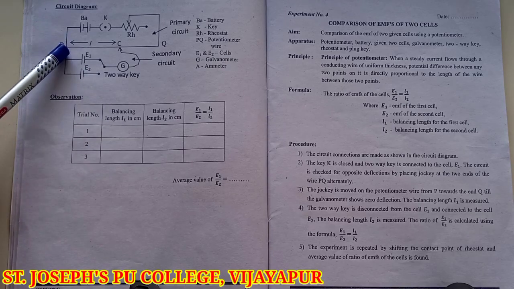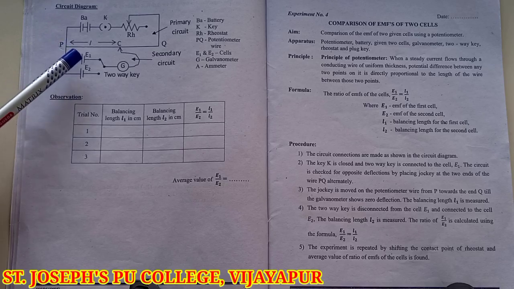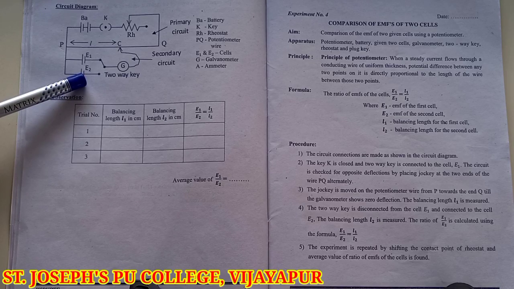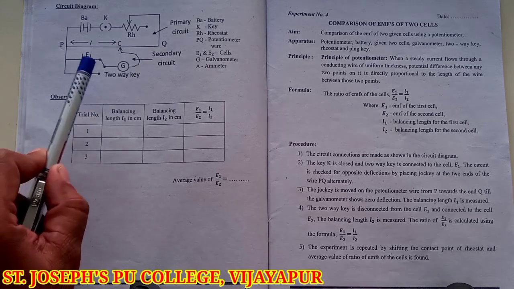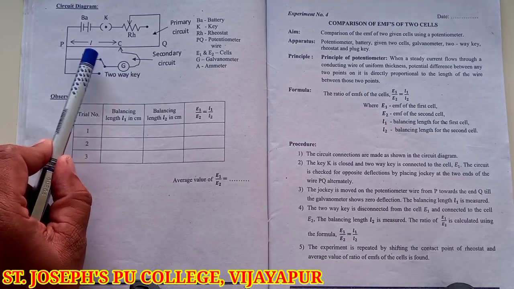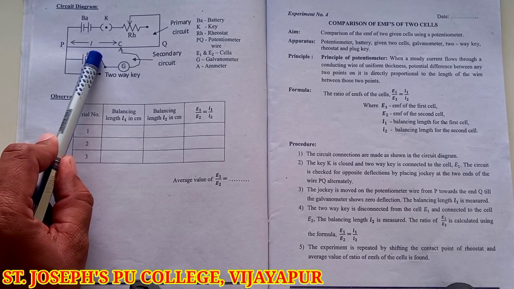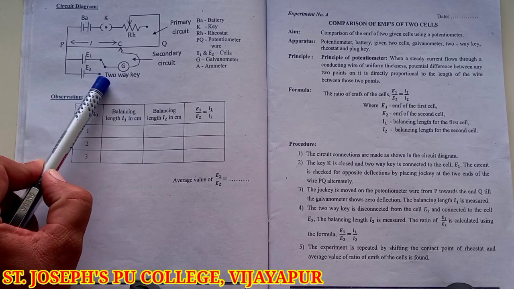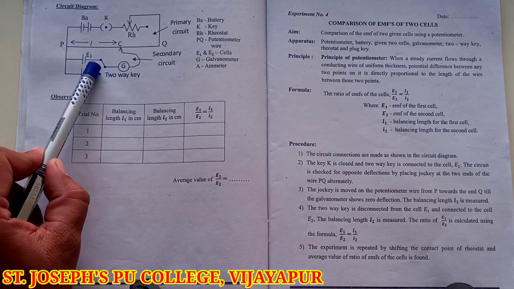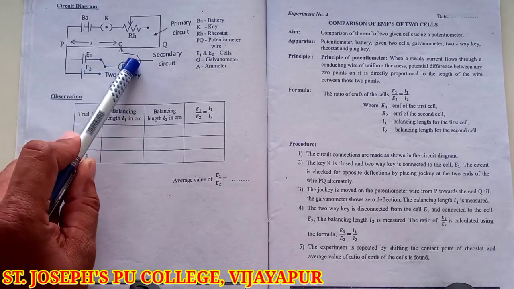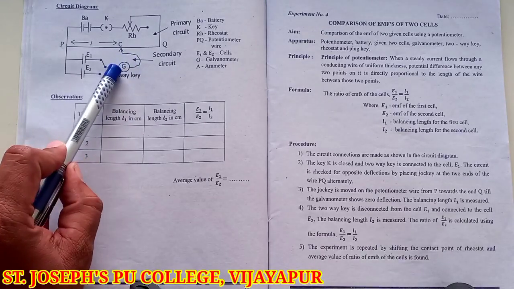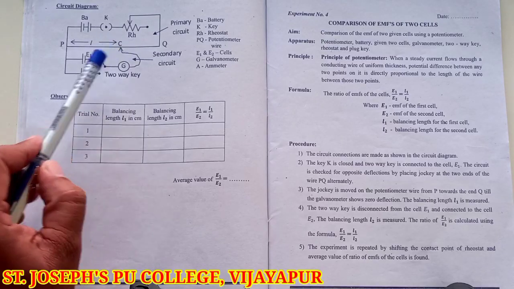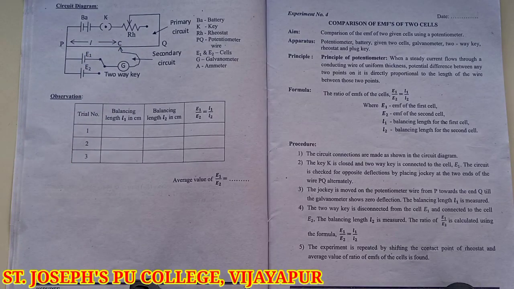So you have to take two wires, and one wire is connected to the cell 1 positive and another wire is also connected to the cell 2 positive, and the cell 1 negative is connected to one end of the two-way key, and the negative of cell 2 is connected to the other end of the two-way key. From the middle terminal of the two-way key to the galvanometer, any one end of the galvanometer, and the other end of the galvanometer to a slider. So this will be the circuit diagram.